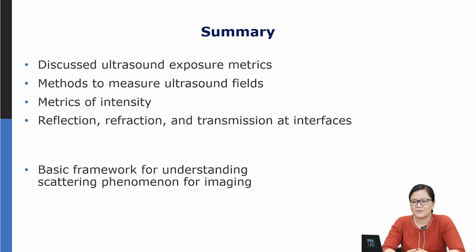So what did we learn today? We had discussed various ultrasound exposure metrics. We also looked into ways to measure the ultrasound field, such as hydrophone measurements, mapping the spatial profile of the beam, as well as calculating the pressure amplitude, as well as the intensity. We also looked into various metrics of intensity, the spatial peak temporal average intensity, as well as the spatial average temporal average intensity. So these two intensity metrics are frequently used in ultrasound in terms of imaging and assessing the bioeffects and safety.